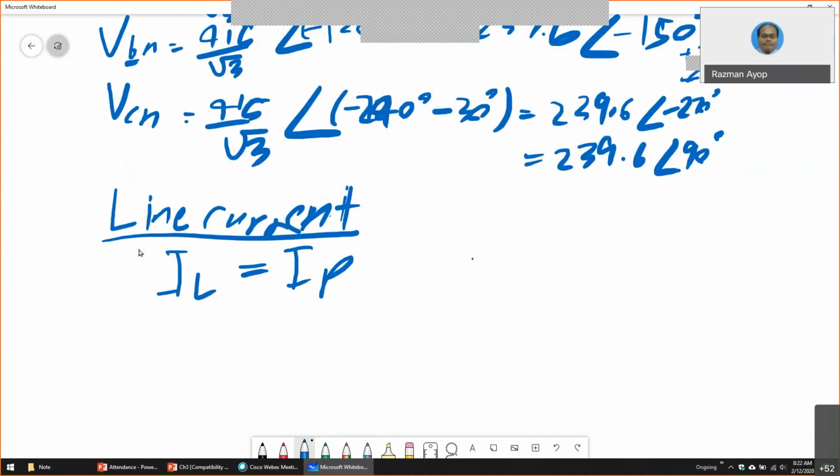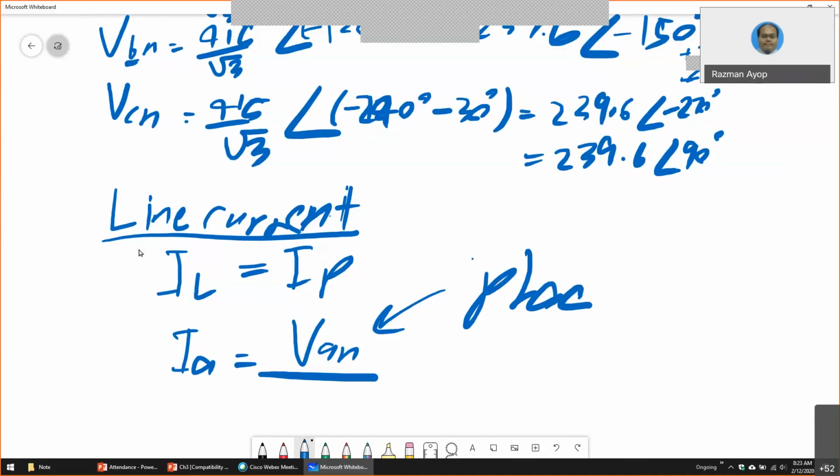So for IA, the line current IA is equal to VAN, and always use phase when you divide by the impedance.